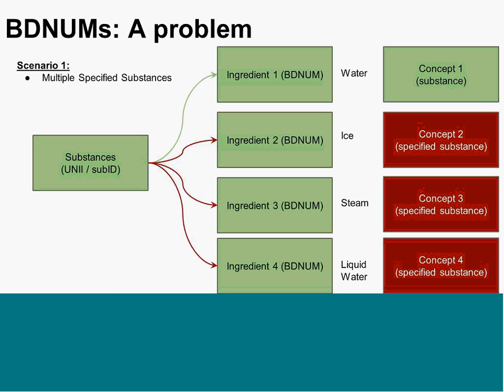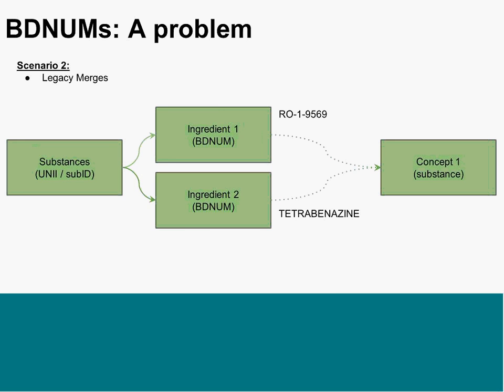The issue here is that these should become specified substances in the future. So we want to be able to identify those things that are meant to be specified substances and have them re-enter and import, not along with the substance record, but along with a new record that is a specified substance record. Does that make sense?